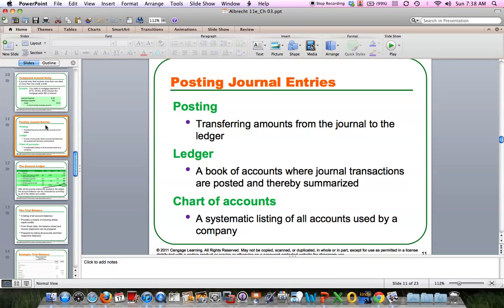Page 81 has a very good example of a general journal on it, looking kind of like an 8.5 by 10 piece of paper with different columns to organize each journal entry: a column for a date, a description, a debit column and a credit column. So pages 80 through 84 will walk you through the examples and the how-tos of doing a journal entry, in addition to the examples that I just gave you.